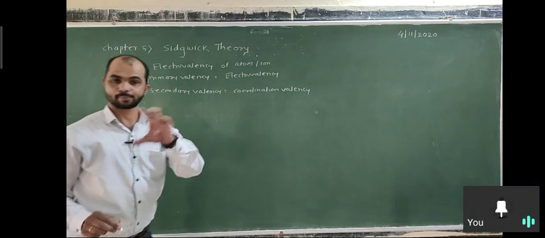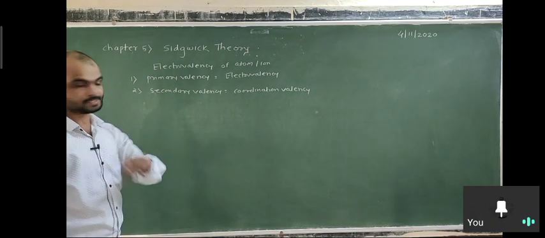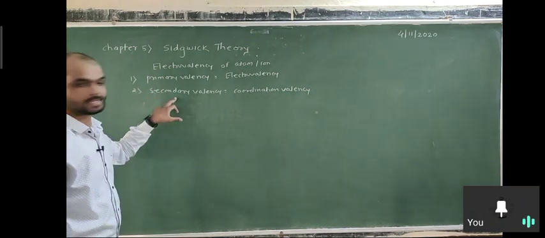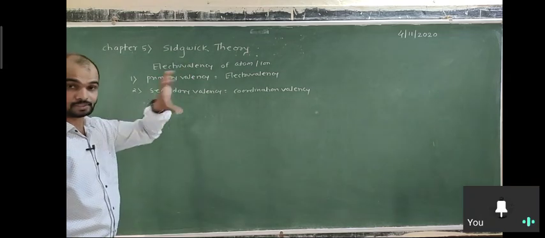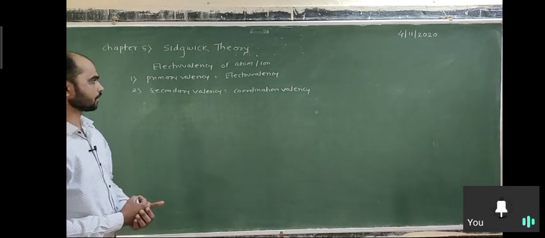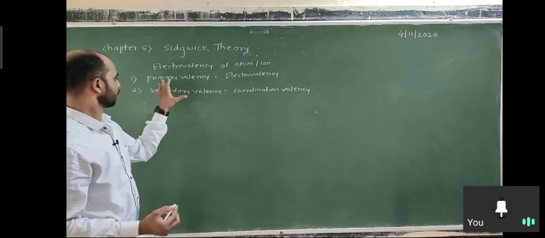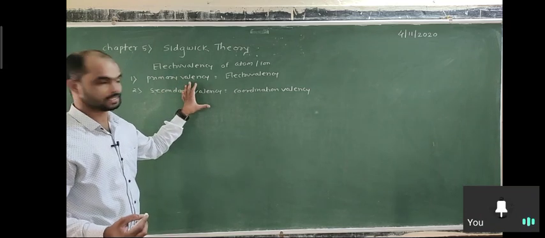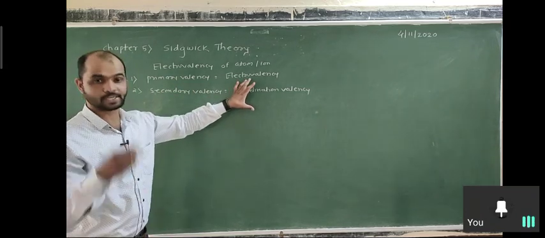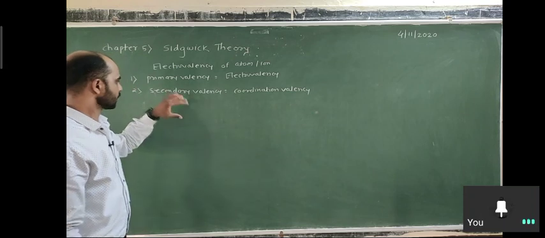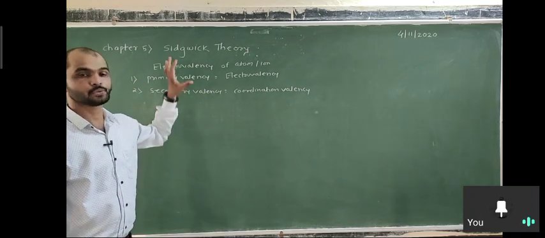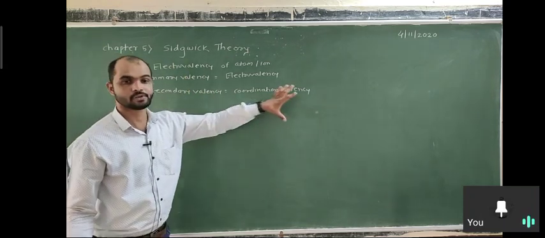So Werner proposed two valencies, primary valency and secondary valency, but Sidgwick changed this and says the primary valency of Werner's theory is the electrovalency of the compound, and the secondary valency is the coordination valency.